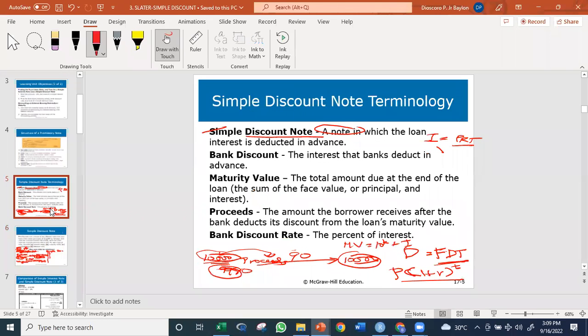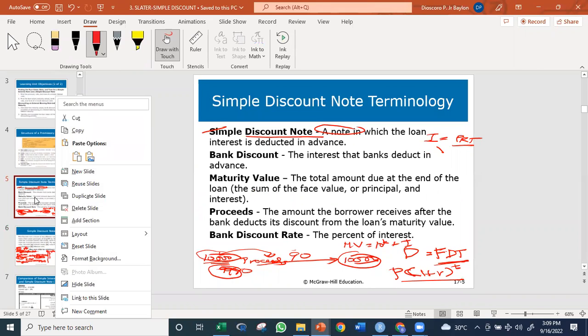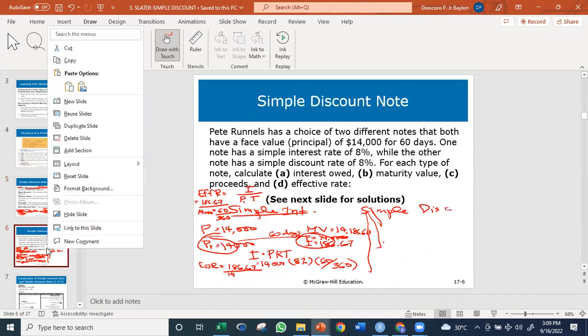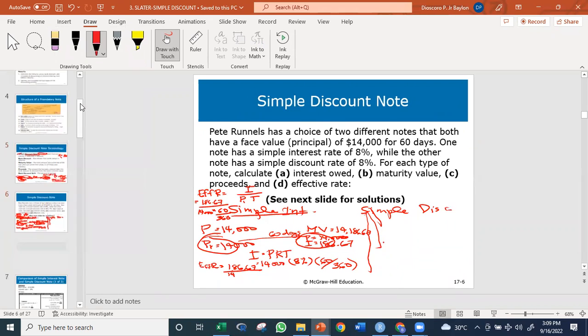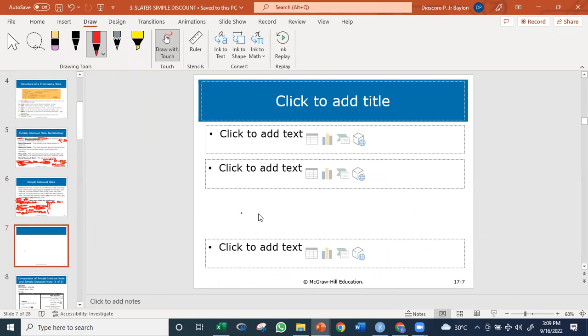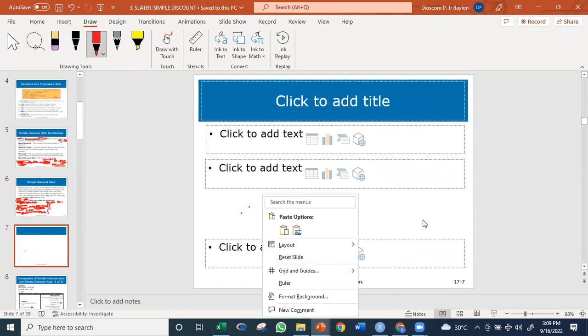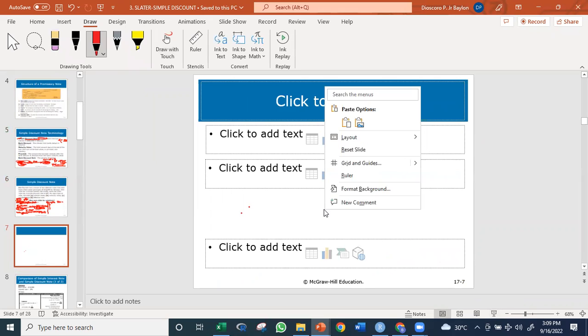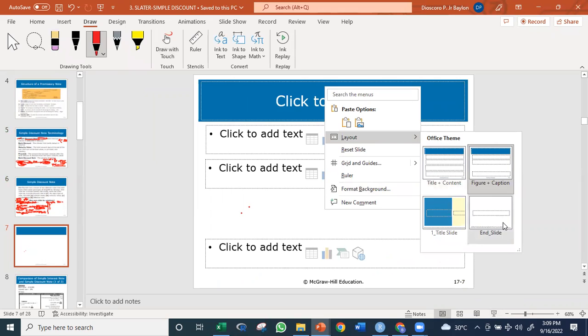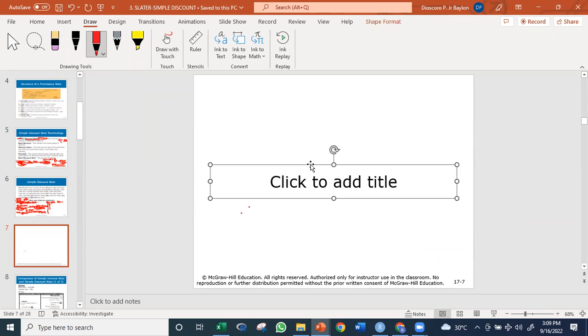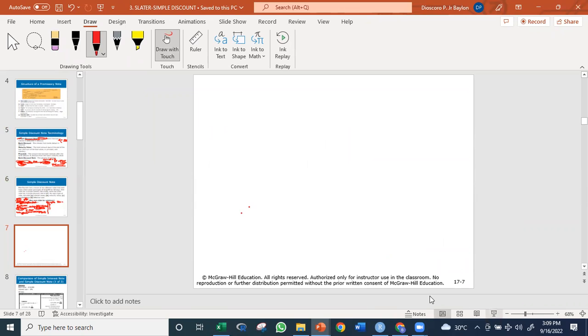Gagamit lang ako ng bagong slides, hindi nakasya dun sa isa. Okay. So this is now simple discount.